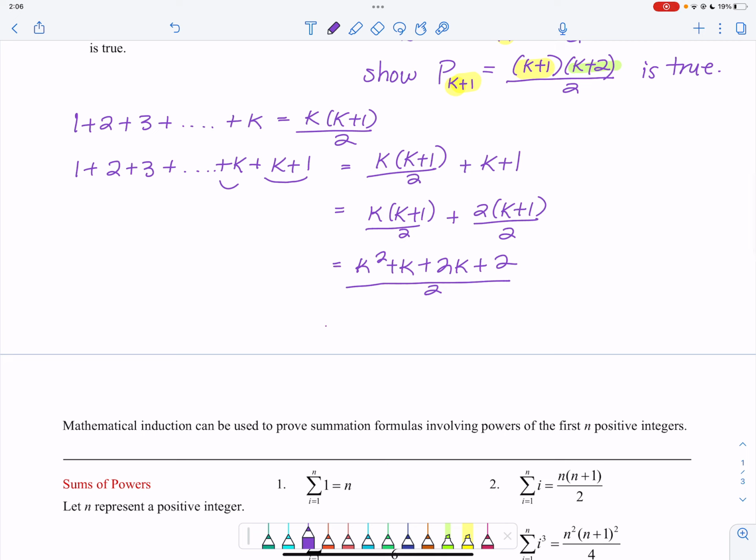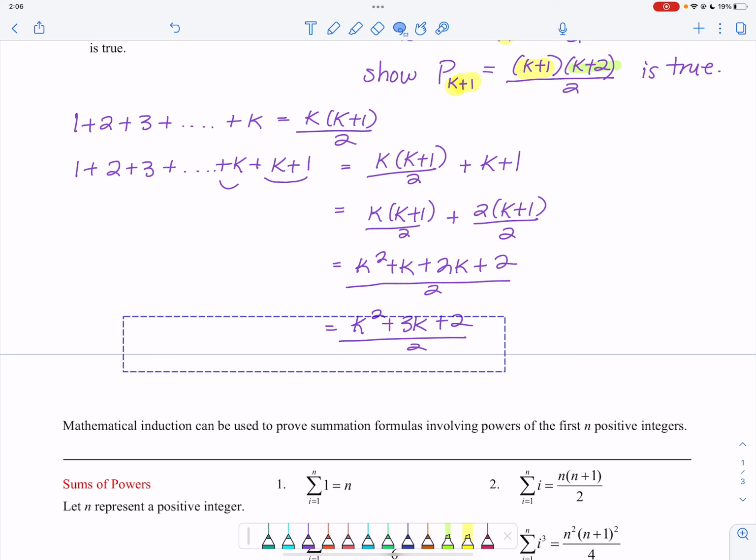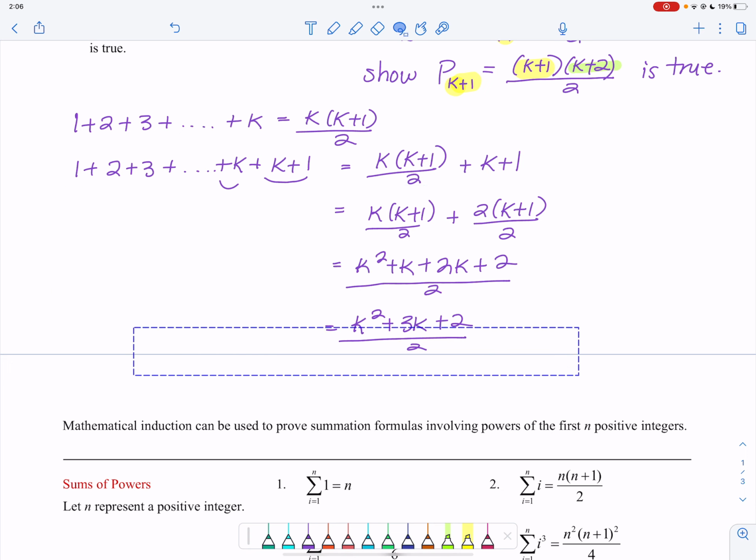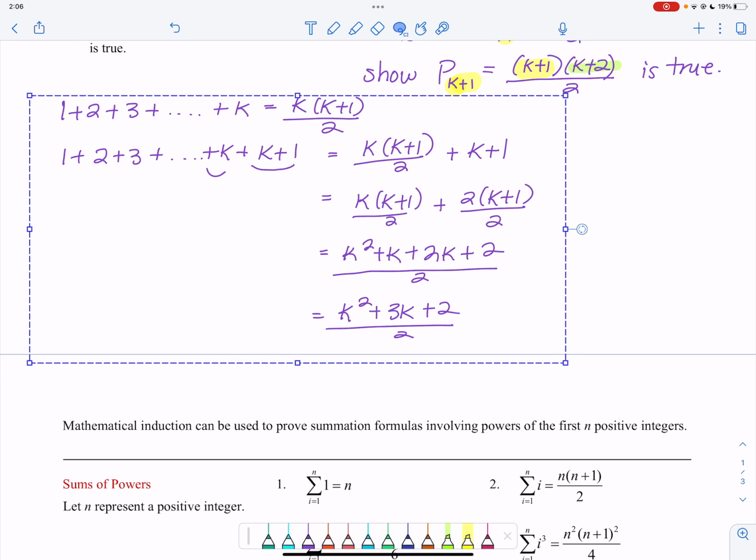And as you can see here, we have k squared plus 3k plus 2 all over 2.